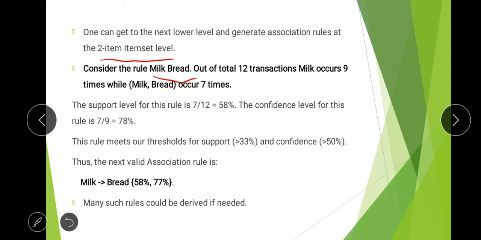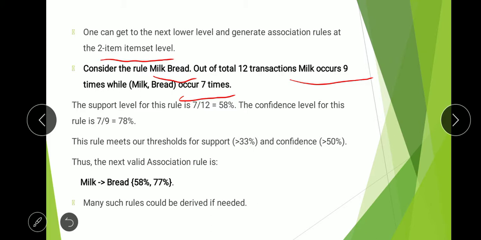Out of 12 transactions, milk occurs X and Y. How many times X alone is occurring and how many times Y alone is occurring? Let us see the table. You will understand. If you refer the one item set, you will get the frequency. And then how many times milk and bread together occurs? That is 7 times. If you refer 2 item set, you will get this value.